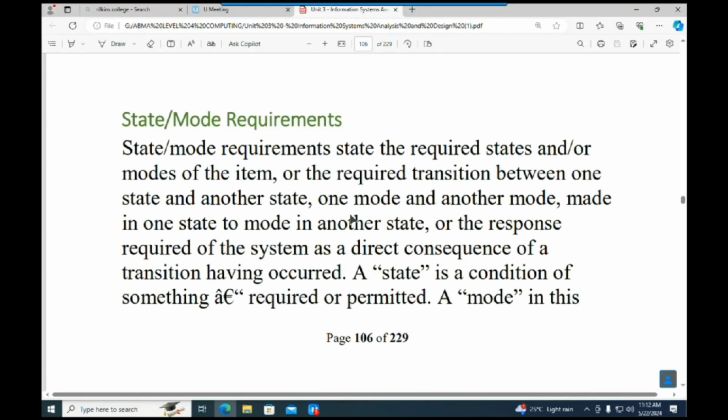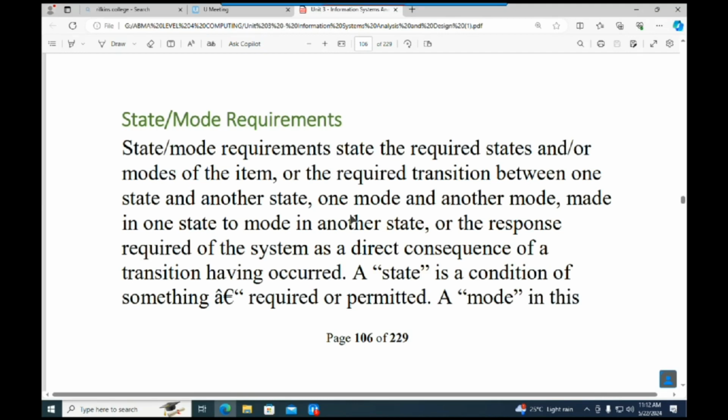The state or mode requirements contain the states that are required, and the state also means the mode, or the transition that is required from one state to another state, or one mode to another mode. Or maybe the response that the system is required to give, as a direct consequence of a transition.